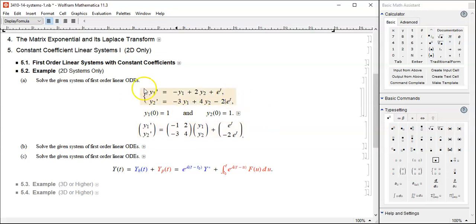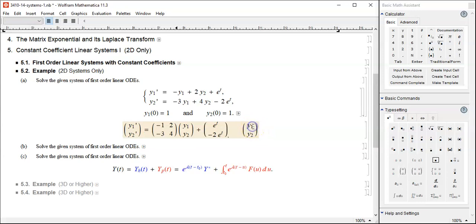So that takes care of this part. And then the initial condition is equal to y star, which is 1, 1 in this particular case.